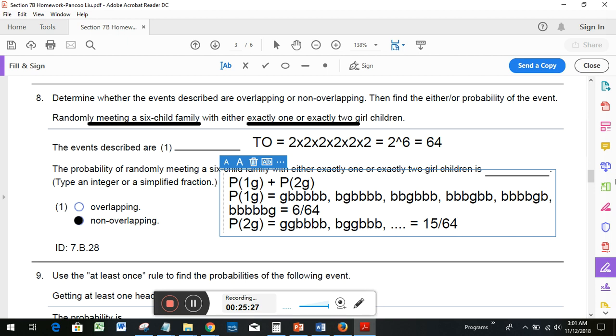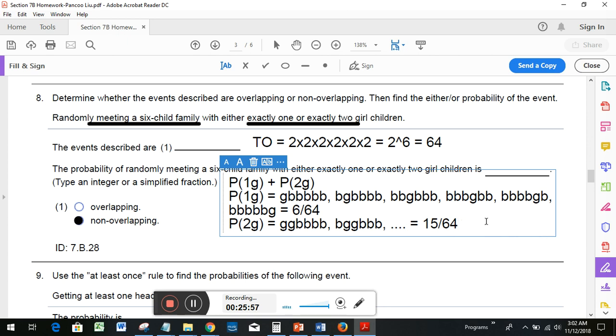Now for a 5-child family, it will be 10 out of 32. For a 4-child family, it will be 6 out of 16. For a 3-child family, it will be 3 out of 8. And for a 2-child family, it will be 1 out of 4. And again, what I basically did was actually sat down and did all the combinations.